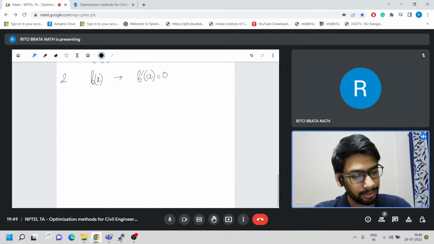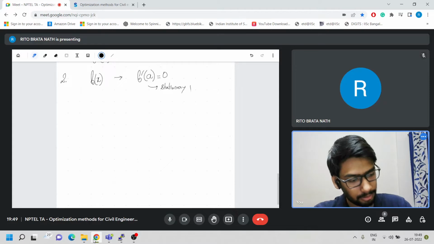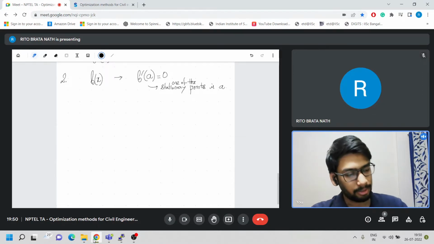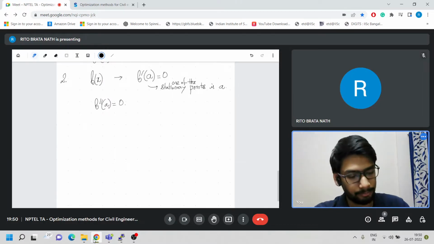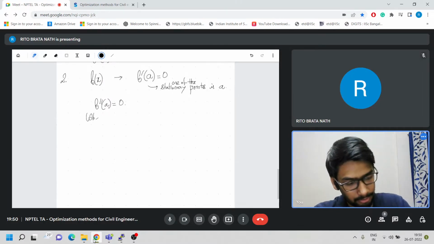So you can certainly say that a is a stationary point, one of the stationary points. Now suppose I give you that f double prime a equals to 0.